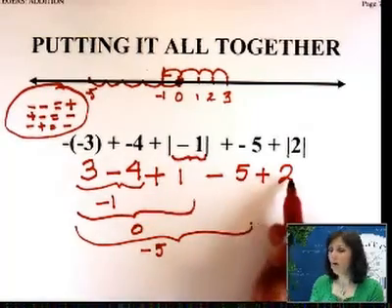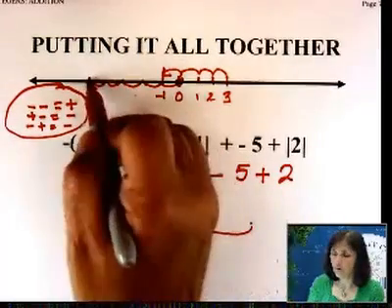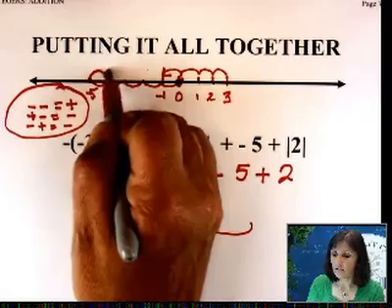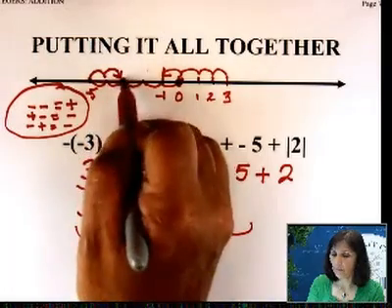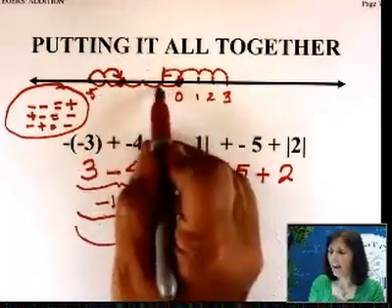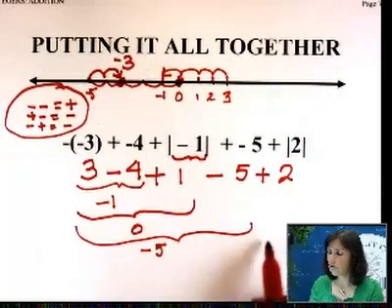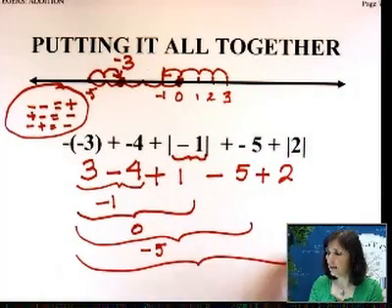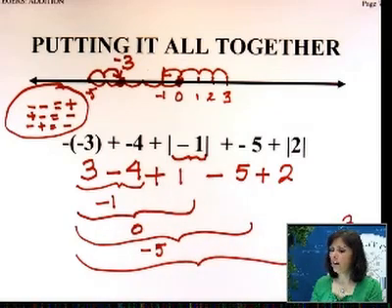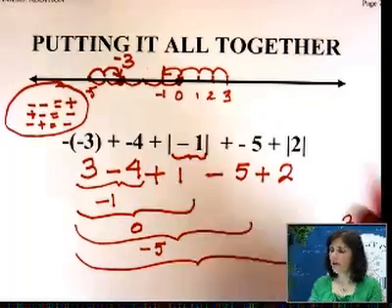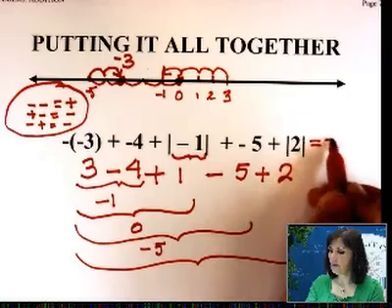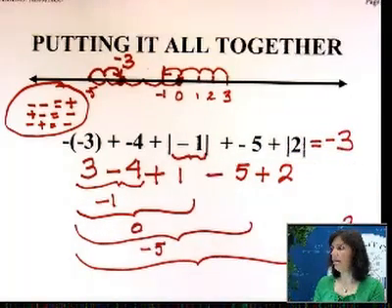I need to go right 2. So I was here, right 2. 1, 2. Where did I end up? I ended up at negative 3. So negative 5 plus 2 is simply negative 3. All right? So the answer to that is negative 3 right here.